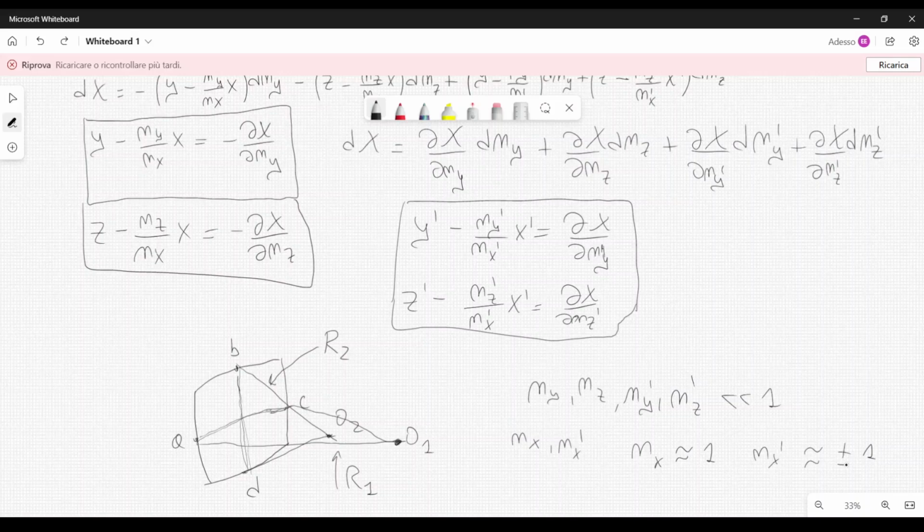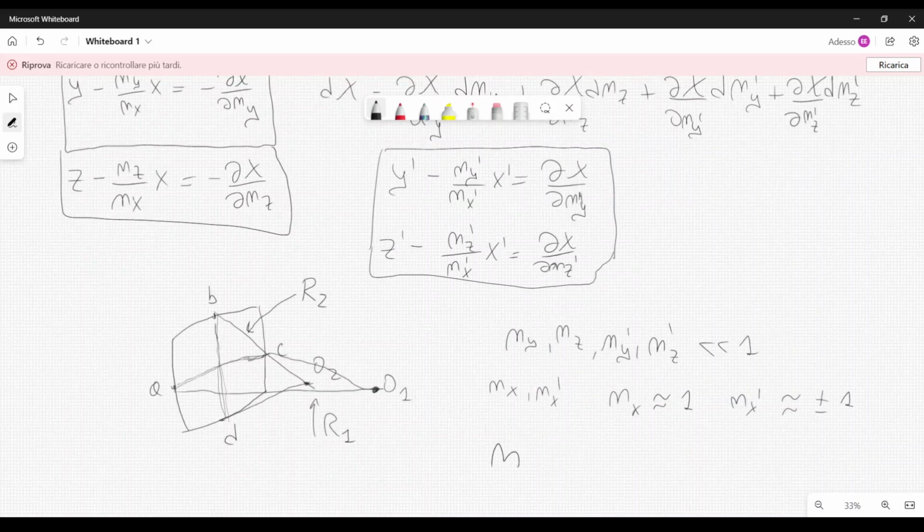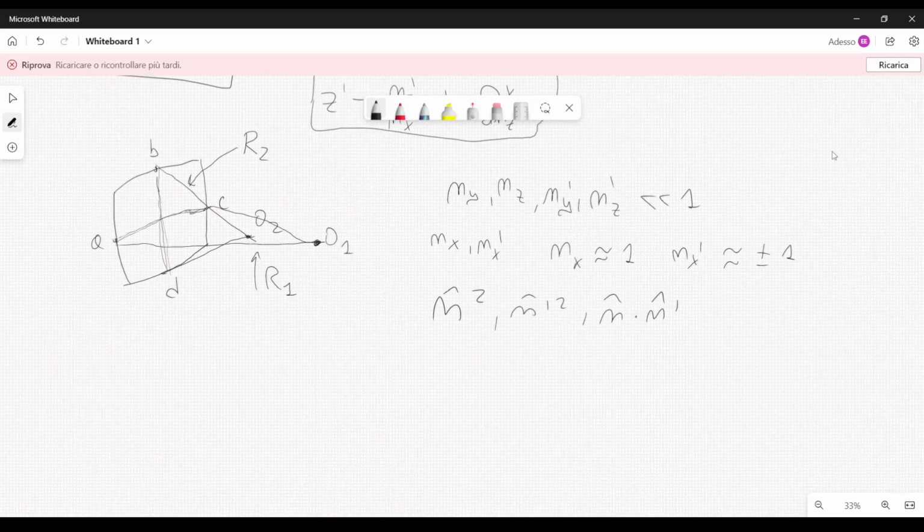The terms of second order, which have the required properties, are n squared and n prime squared, and also n dot n prime. Thus, to terms of second order, the angular iconal of an axially symmetrical optical system has the following form.